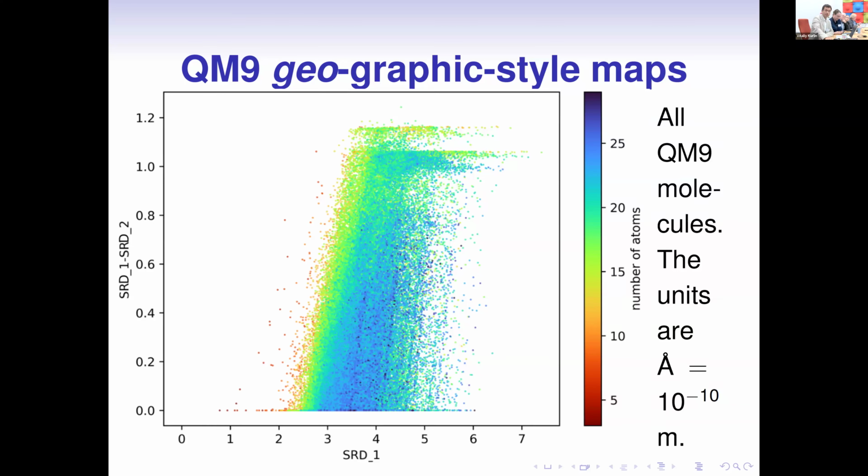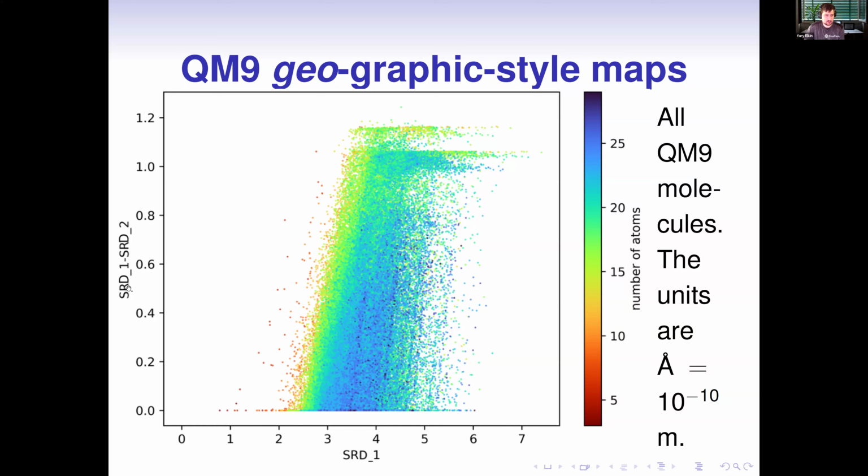Could you explain a bit more about this very important invariant, because it's the simplest? Okay, so here the SRDs are sorted from largest to smallest, and we have the SRD1 value on the x-axis and, on the y-axis, SRD1 minus SRD2.